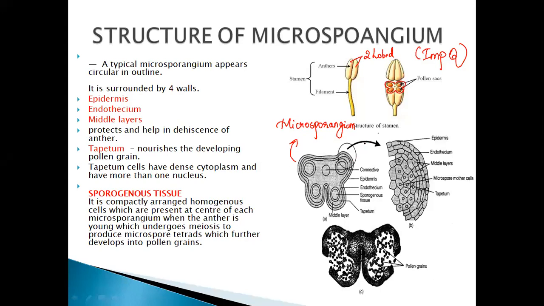It may be asked as an important question for 4 or 5 marks. The diagram of the microsporangium is important, so you need to thoroughly understand and practice this diagram so that you can easily give the explanation.